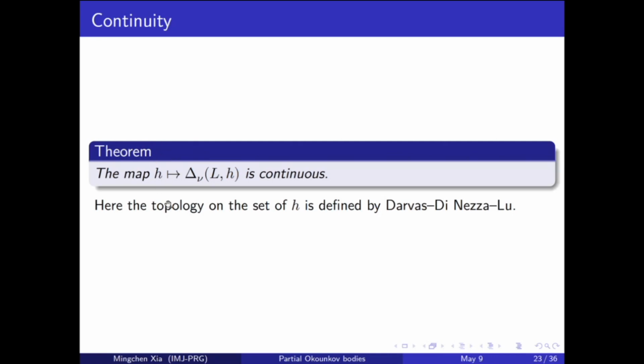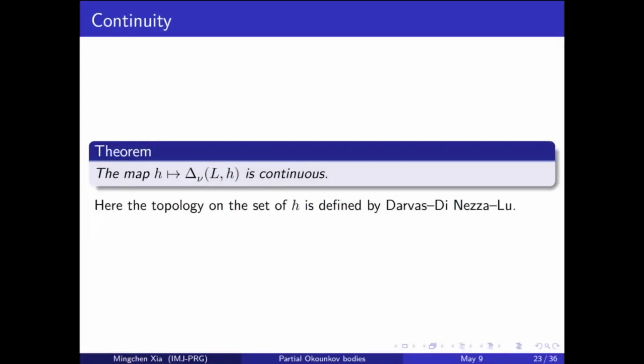And it turns out that the partial Okounkov bodies are continuous with respect to the metric H. And here, of course, in order to talk about the continuity, we need to have a topology on the set of singular metrics. And it turns out that there is a very natural topology introduced by Darvas, Di Nezza, and Lu in their papers. It's a topology comparing the differences between the singularities of two different singular metrics.